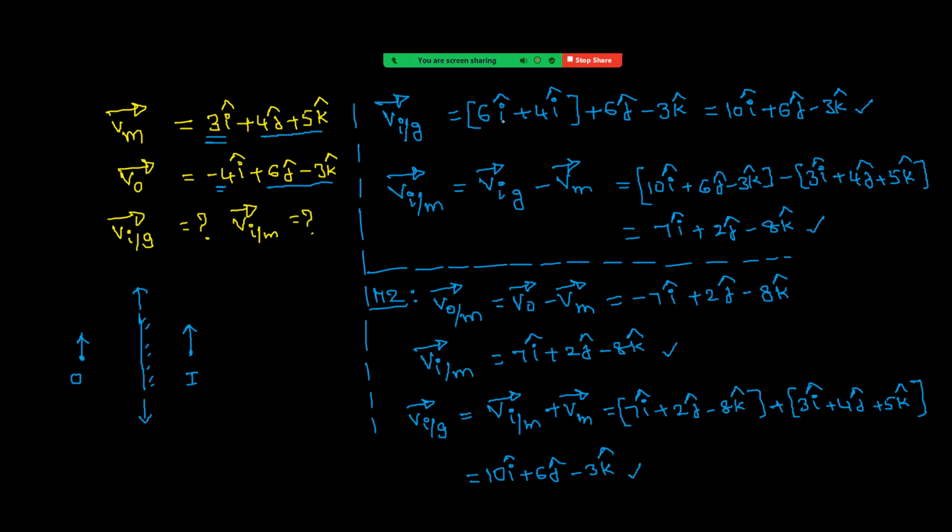So either we can solve in method 1, first finding velocity of image with respect to ground, then calculating velocity of image with respect to mirror. In method 2, first we find velocity of object with respect to mirror, then we calculate velocity of image with respect to mirror, then we get velocity of image in ground frame. So I hope you got clarity. Let us go for next problem.